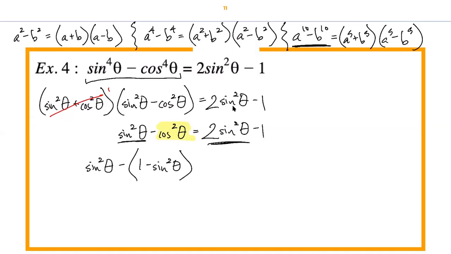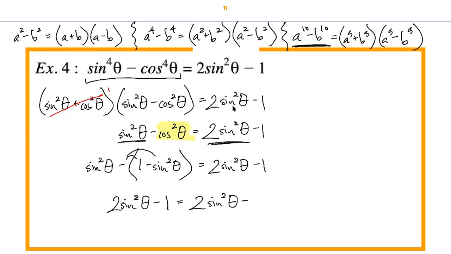I'm going to use the Pythagorean identity, but I just solved for cosine squared. And now when I distribute that minus and I distribute that minus, I'm going to get 2 sine squared theta minus 1 equals, oh, perfect. It equals the right-hand side of my equation.